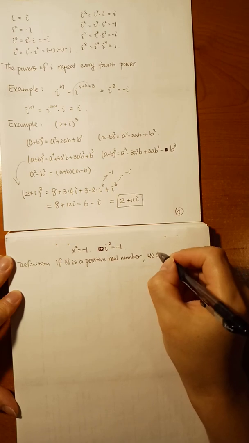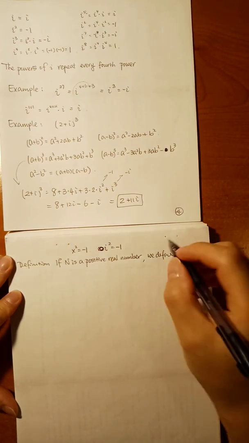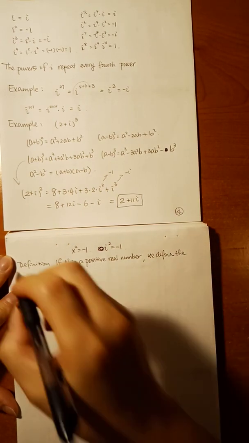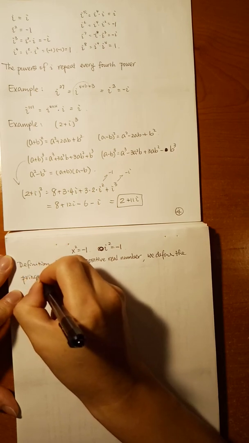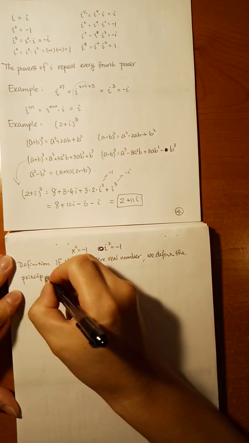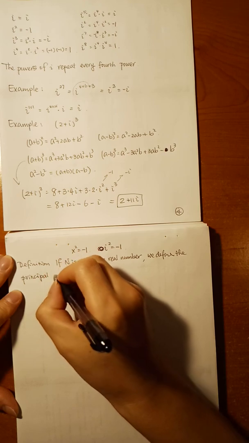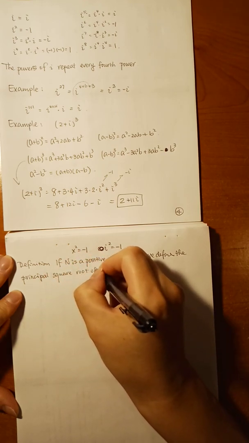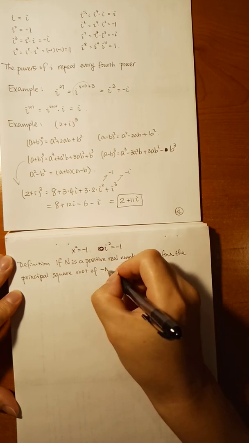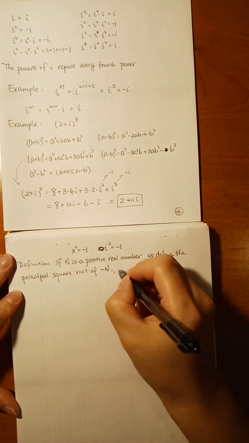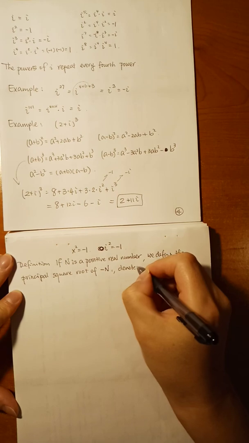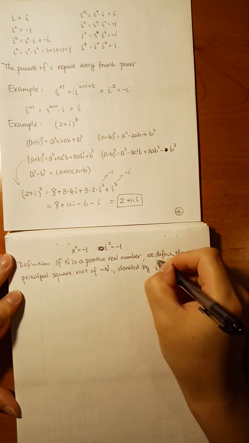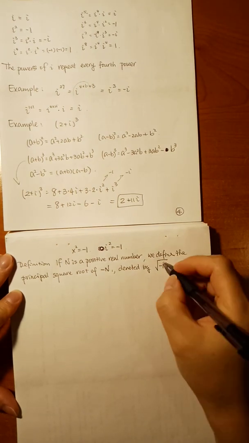We define the principal square root of negative n, like negative 10 or negative a million, denoted by square root of negative n.